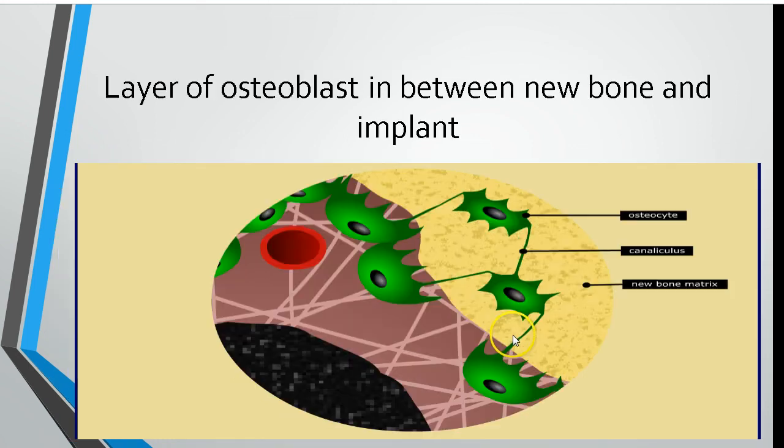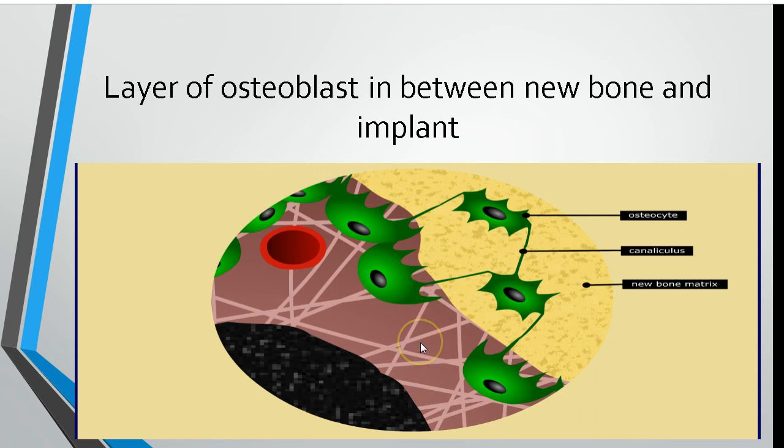But while it's going through that phase, there's always going to be a cell layer and vascular space between the bone that's formed and the implant. So this is the difference. In contact osteogenesis, you don't have the cell space, this layer right here. But in distance osteogenesis, you always have this.